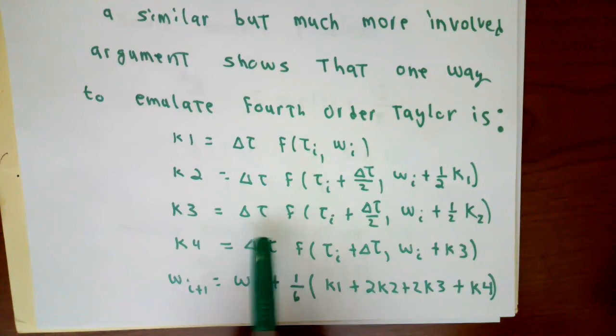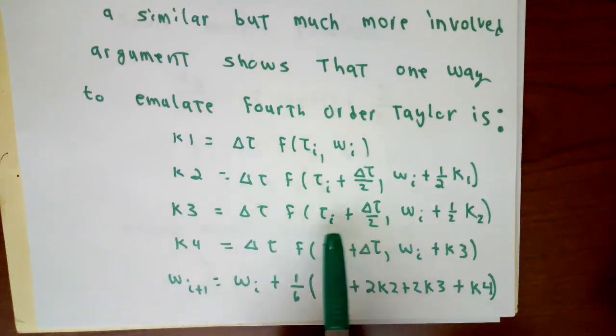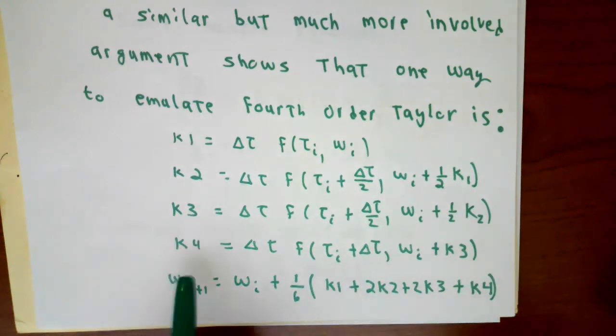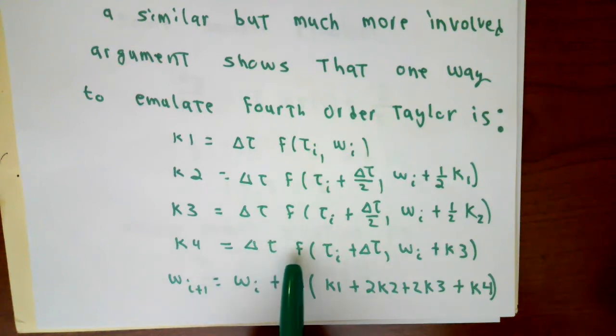K3 is delta t times f evaluated at that same t value, but at a different y value. Here you'll use wi plus 1/2 K2. K4 is going to be delta t times an f value. This is going to be a full time step ahead of where I am at the moment.